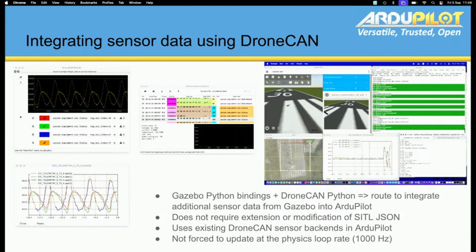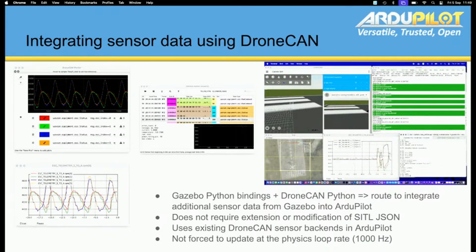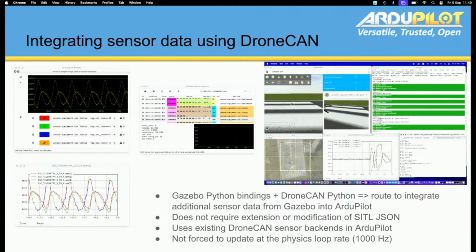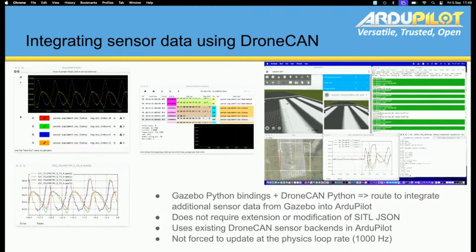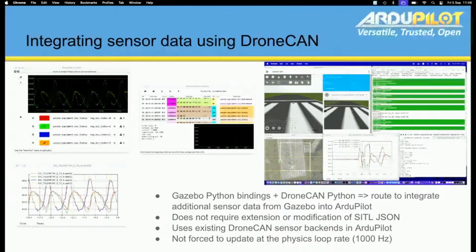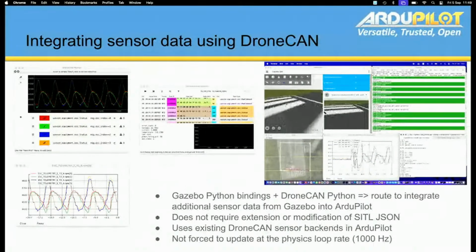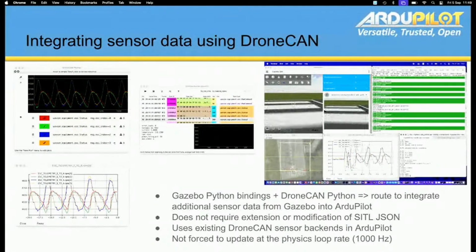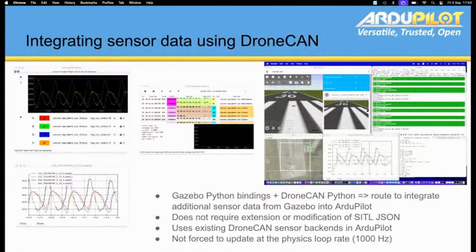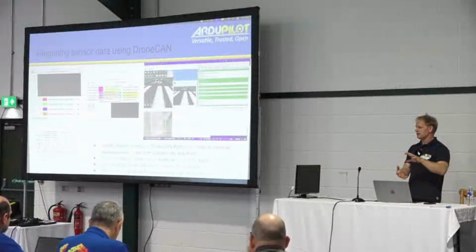So all the existing backends in ArduPilot that work for that particular data type just work. As far as the flight controller is concerned, it's not looking at a simulation, it's just looking at a supplier of a type. So if you want to move between real and simulated vehicles, the setup for that particular sensor is the same.